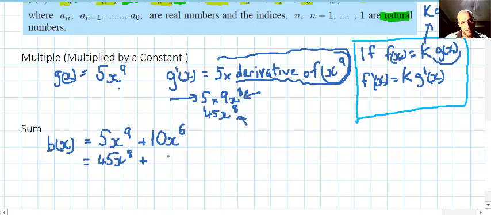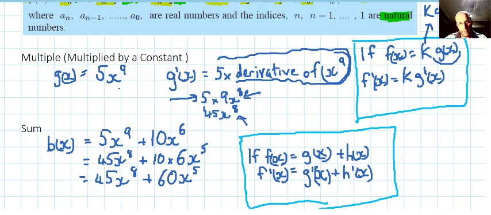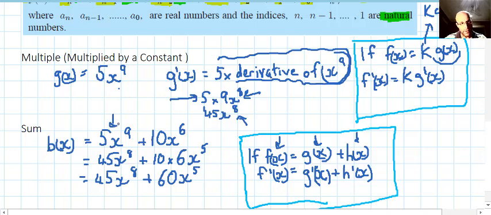And then we do the second one separately, so we've got 10 times, now it's n times x to the n minus 1, and then we just tidy that up, 45x to the power 8, which is added to 60x to the power 5. So in general, for a sum, we do it this way. If we have a function that's made up of two other functions added together, which is an accurate way of describing that, to find the derivative overall, you find the derivative of each part and then you add it together, which is exactly what we did in that example.